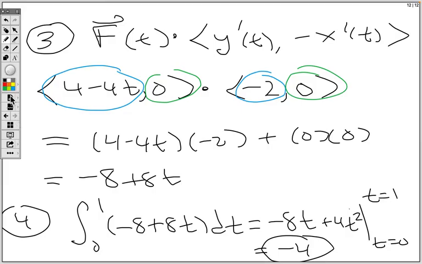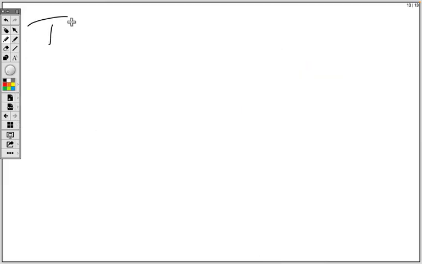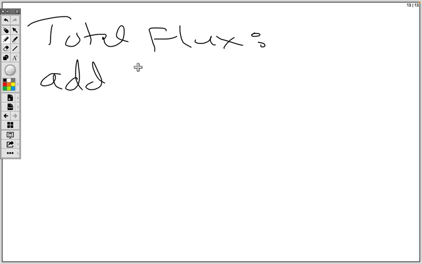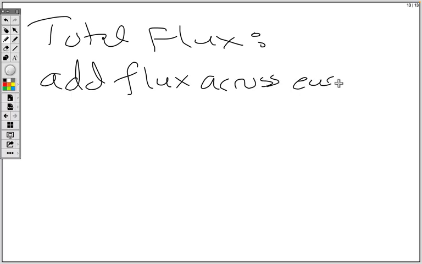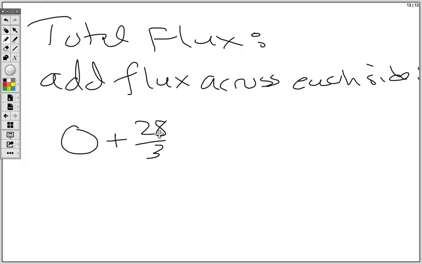All right, so now to answer the question here, the total flux, you just add the flux across each side. So the flux out the bottom was 0. The flux along the diagonal was what, 28/3?